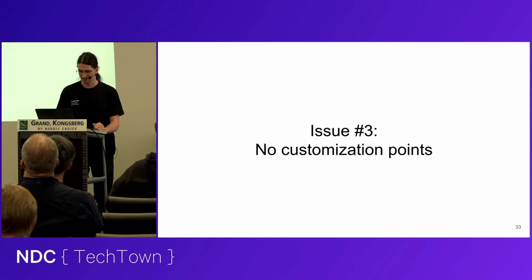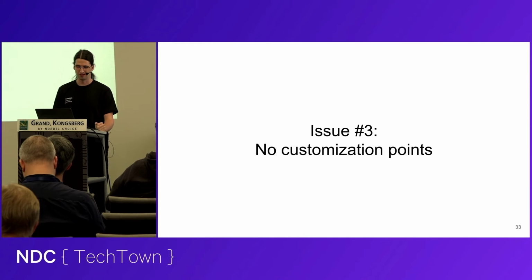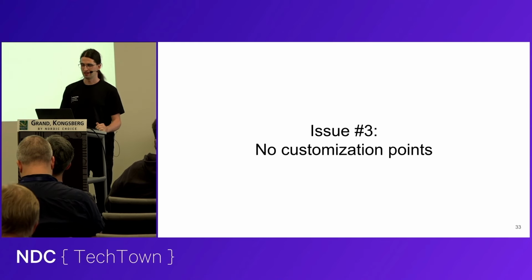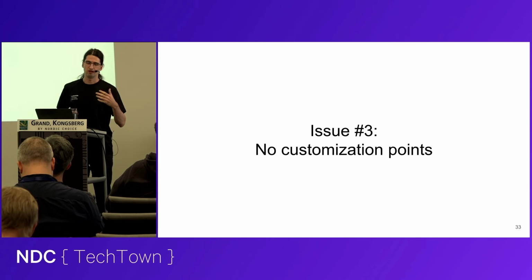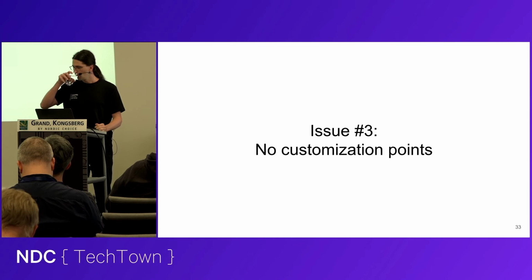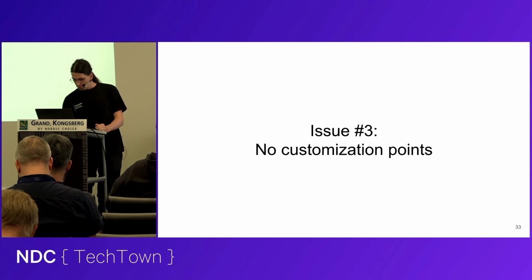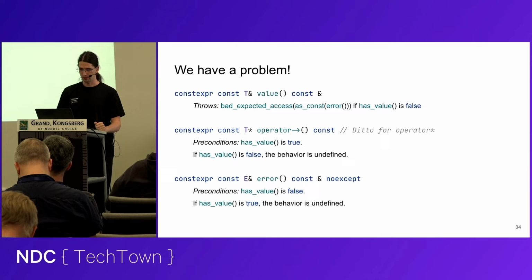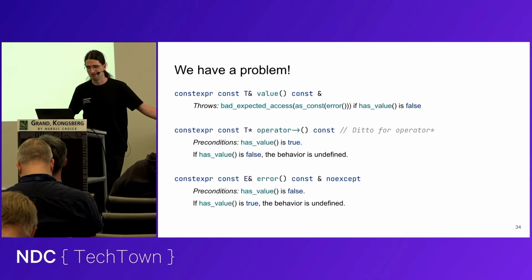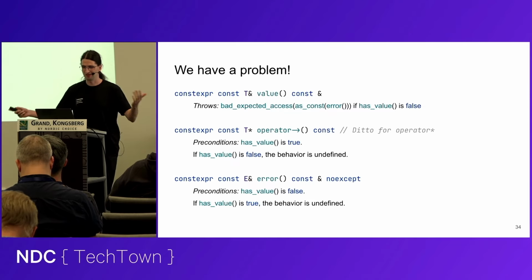So the third issue is that there is no customization point, and by this I specifically mean no customization point for error handling. The standard library is doing well in many senses for introducing customization points, but not for expected, unfortunately. And we have a huge problem.